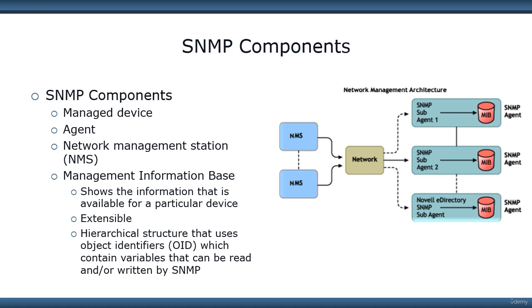You see there, it's a hierarchical structure which uses object identifiers, OIDs, and those contain variables that can be read or written by SNMP, but it makes it so that the management station can request a very particular piece of information as long as it knows the OID for that. Well, the OID for that would be defined in the management information base, which is published for all to see if you're using these devices.